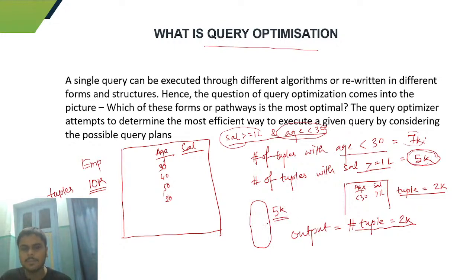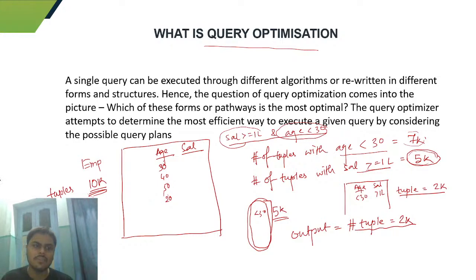And within this chunk of 5k tuples we check if the age is less than 30. So first we need to check all the 10k tuples, and then inside them only these 5k tuples, okay. So this is our cost of doing the query.